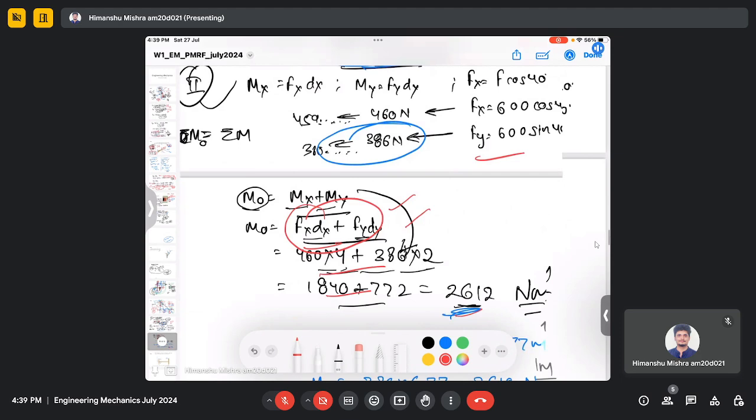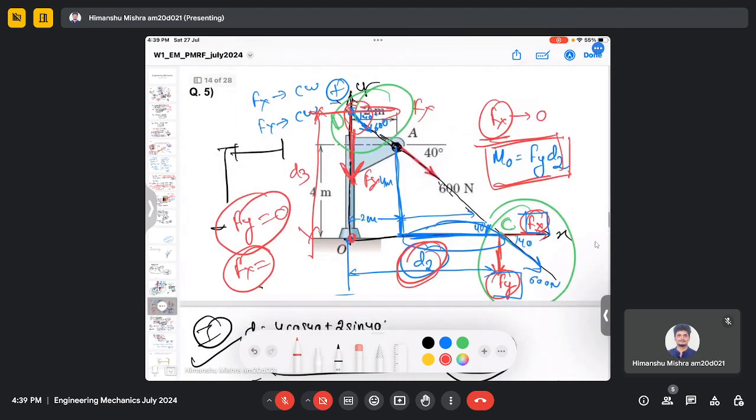And in the third one, you use a concept which we discussed in the early class, at the beginning: the principle of transmissibility. You can slide the force along its line of action, and in this way you find that if you use the components of force, the moment due to Fx is 0, and you have a moment only from Fy.